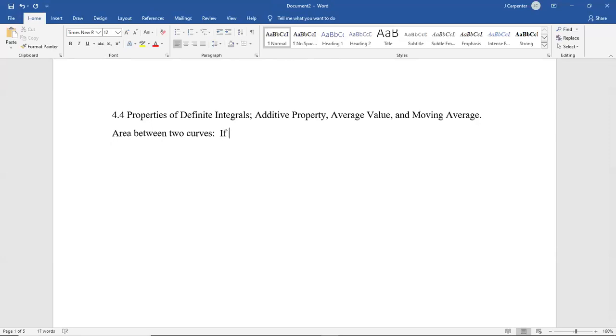So if you're given functions f of x and g of x and asked to find the area between the two curves on boundary a comma b, in other words, from a to b, so from the first number to the second number, those are x values.